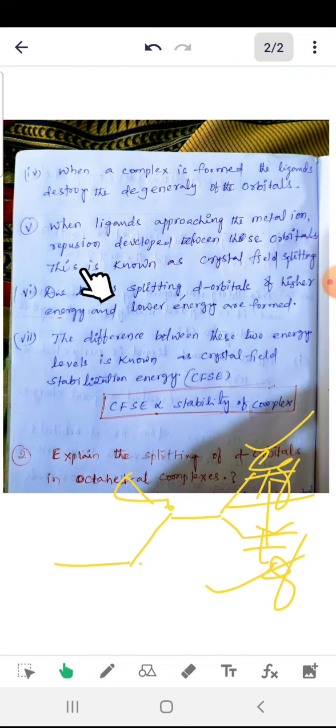Next, an important point: when a complex is formed, the ligands destroy the degeneracy of the orbitals. Degeneracy is disturbed when a complex is formed.